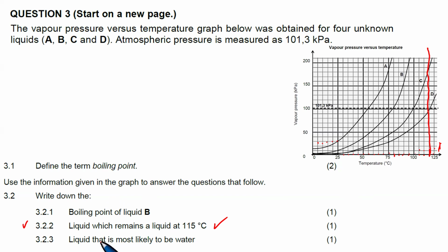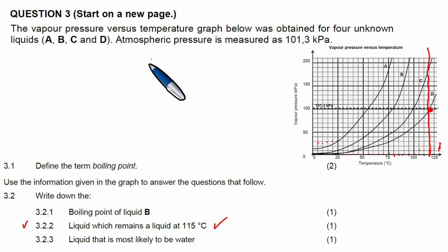Right, so in 3.2.2, you are able to see that at this point, if you look at liquid D, A, B, C, D, liquid D, at 115 degrees Celsius, this liquid itself remains a liquid. It remains a liquid at 115 degrees. So why are we saying that?